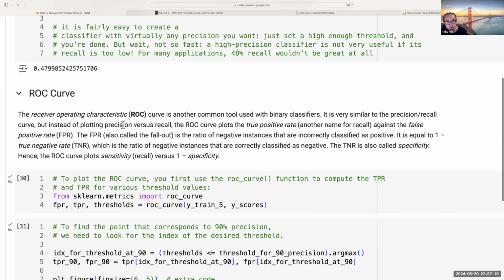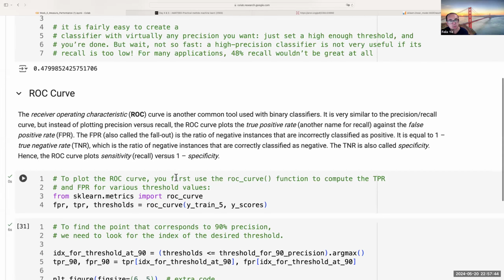Instead of plotting precision versus recall, we plot something called the true positive rate, which is the same as recall, against the false positive rate. The false positive rate is the ratio of negative instances being incorrectly classified as positive, which is basically 1 minus the true negative rate, right?